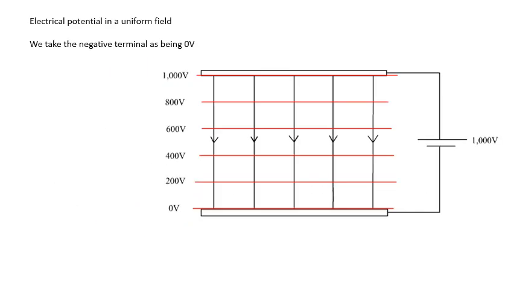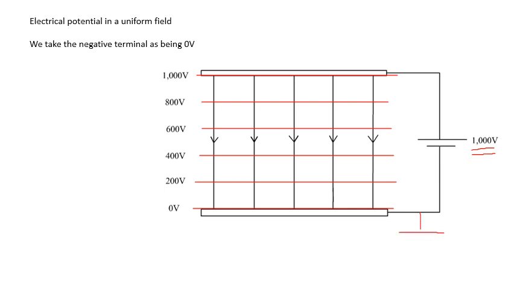Now, this is our uniform field. So 2 metal plates, a positive plate and a negative plate. My power supply, I'm using 1000 volts. Our negative terminal, we usually say, is our 0 of potential.